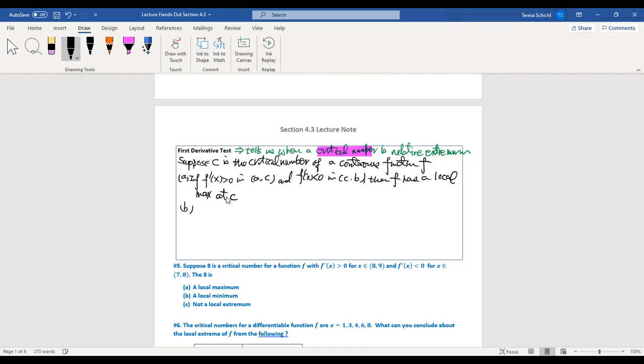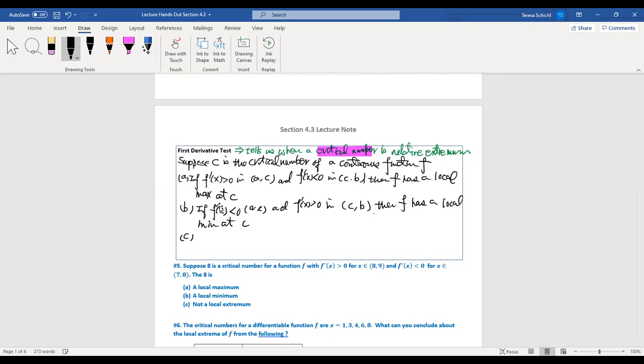So the same thing here. If f prime of x is less than 0 in (a, c), and f prime of x is greater than 0 in (c, b), then f has a local minimum at c.